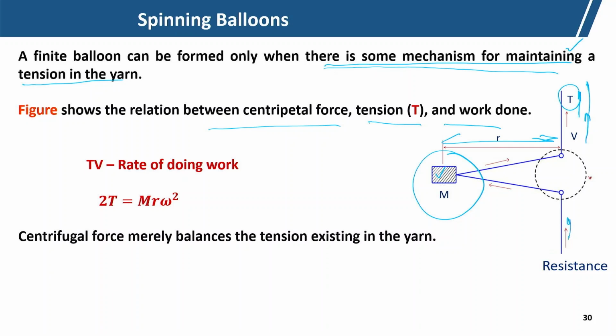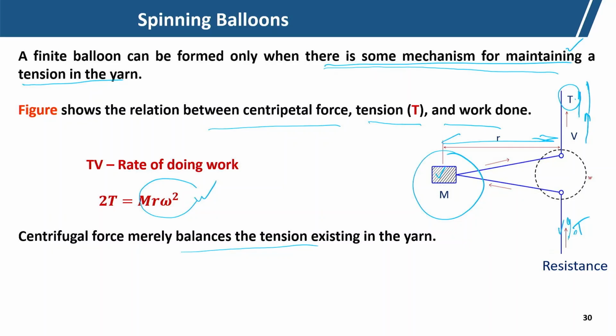So, the centrifugal force merely balances the tension. Whatever centrifugal force we are getting here balances the yarn tension. So, T on both sides, so 2 T will be there. And this m r omega square is the centrifugal force.